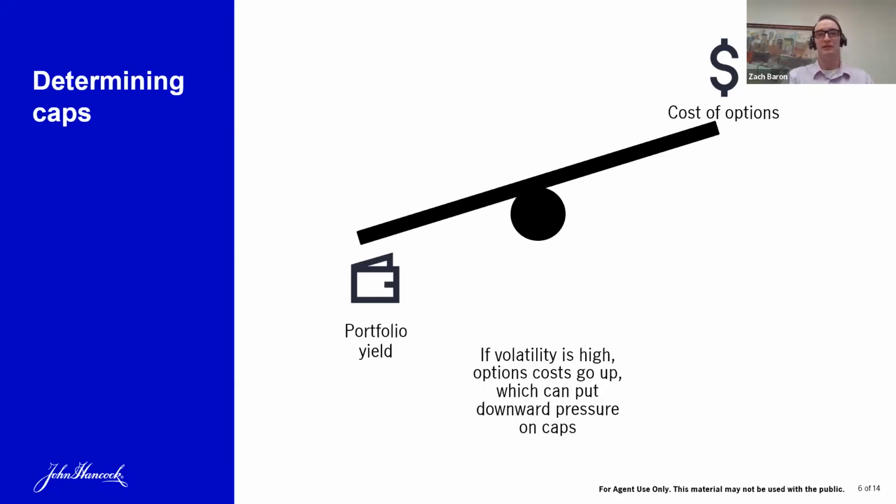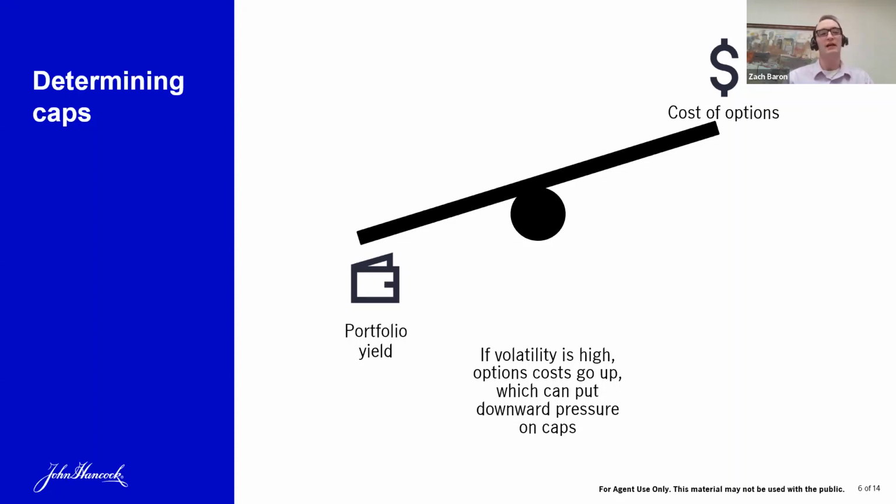So the way managed volatility accounts help with this is that the options costs are fixed, right? All of these types of indexes essentially manage to a volatility target or a volatility threshold. How that works is if volatility goes up and starts to exceed the threshold or the target on the index, they're going to start shifting among the different assets.